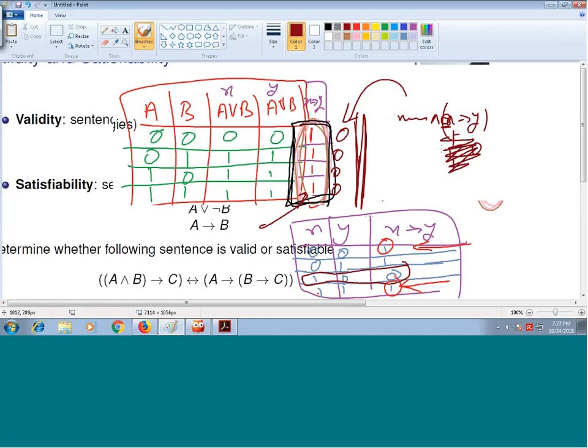Similarly, with the same variables you can write a and not a, and this will also give you 0. So there are multiple ways to get all 0s.